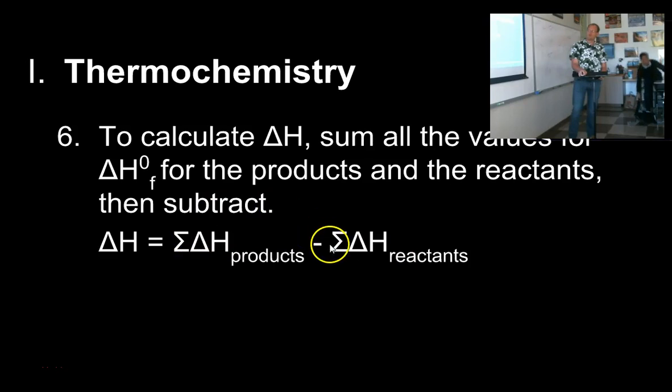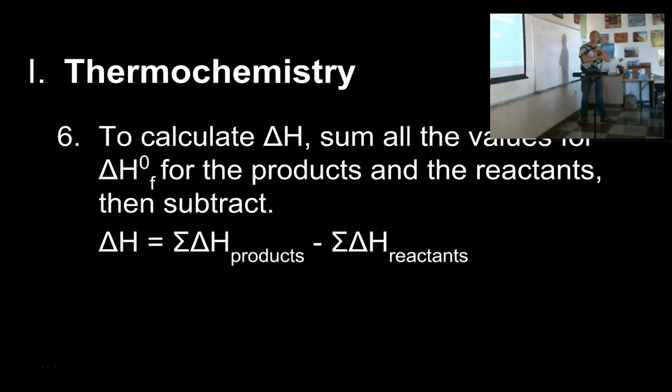And then when we do this, we'll get a calculation for delta H, and we'll be able to say that this reaction is exothermic or this reaction is endothermic based on the values that we find.